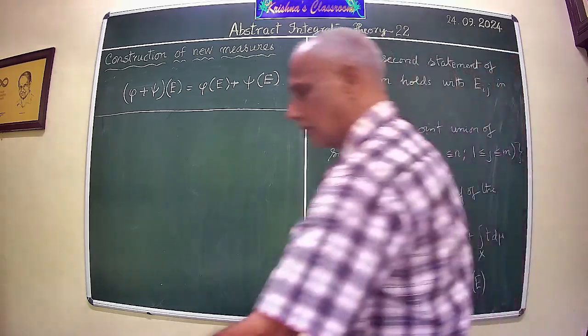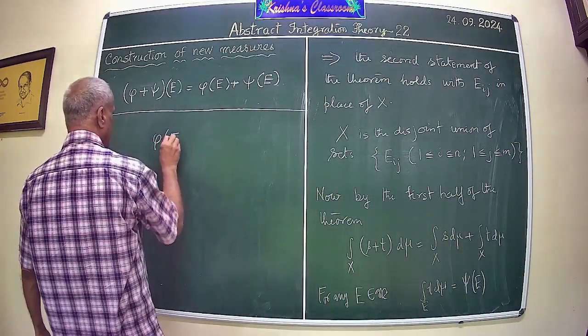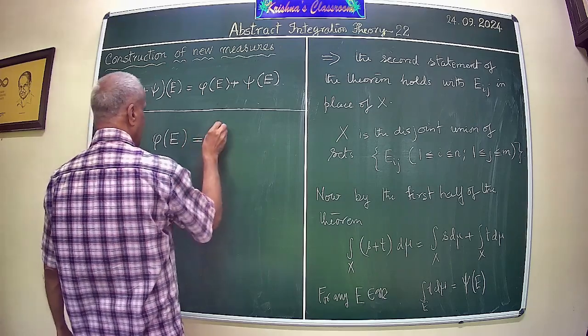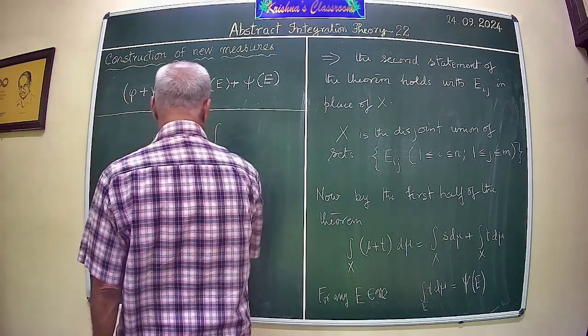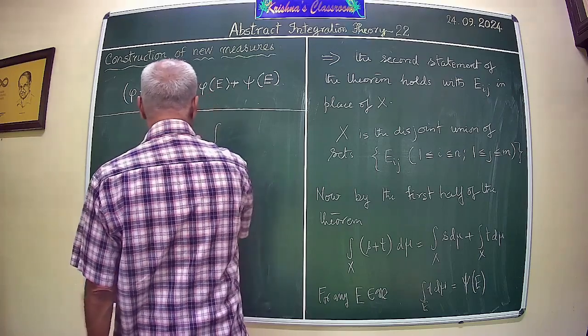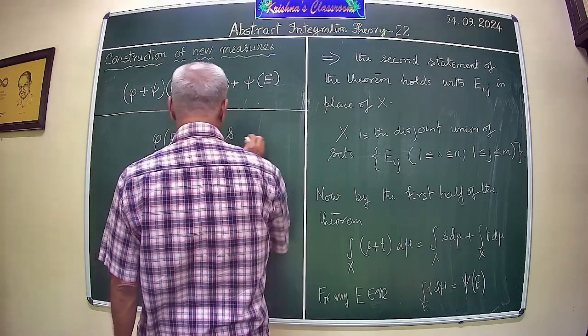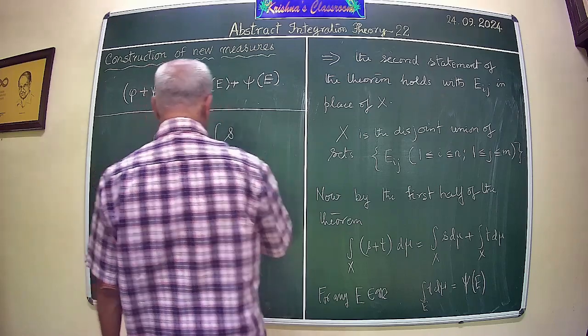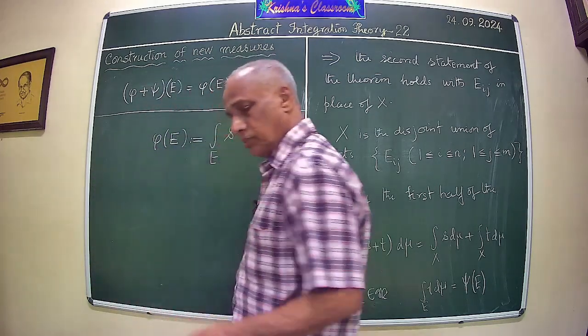So this is the formula that phi of E is equal to the integral over E. This is the definition.